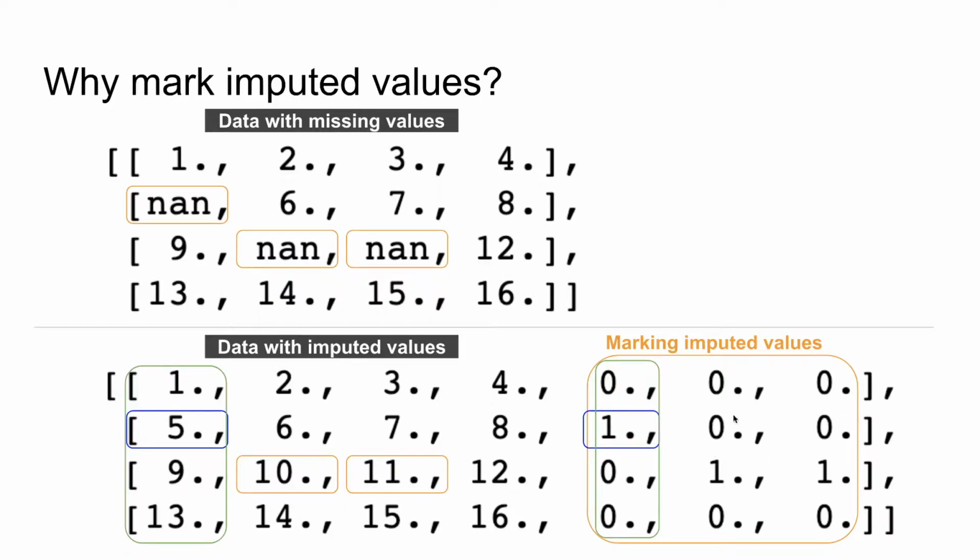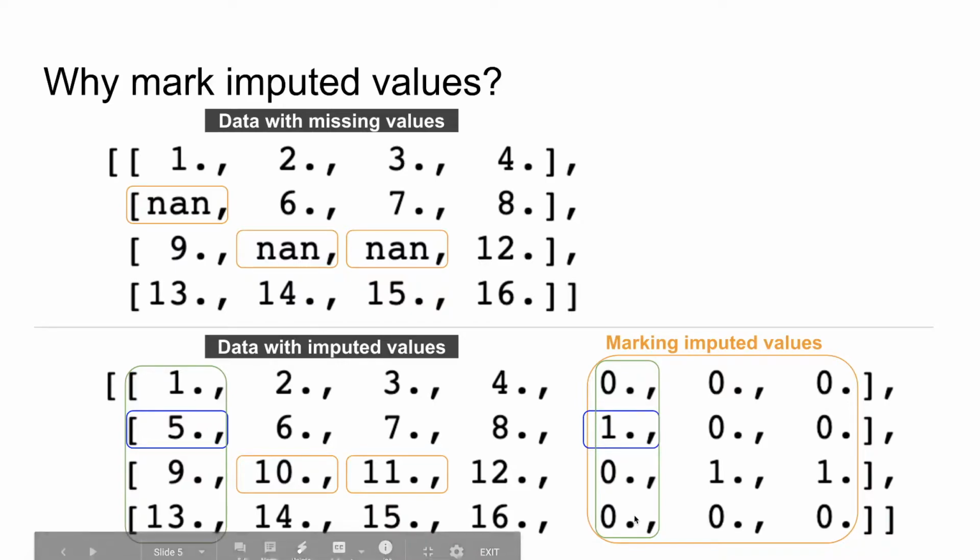As you can see in this case, in the previous video we looked at the add_indicator parameter. If it is set to true, then we get these additional three columns for the features that have missing values. The first column has a missing value in the second row, and so we have a one in the second row for the first column, and all others are zero.